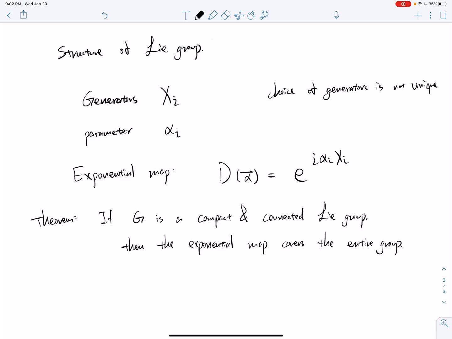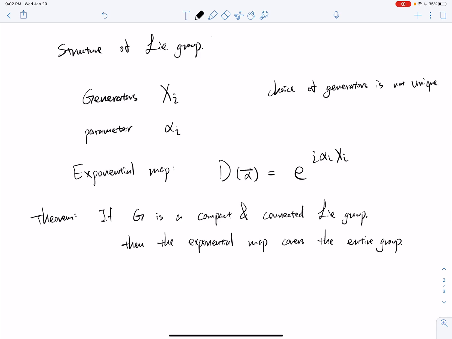This gives us a justification of why we use this exponential map to express the representation of all of the group elements in our Lie group.